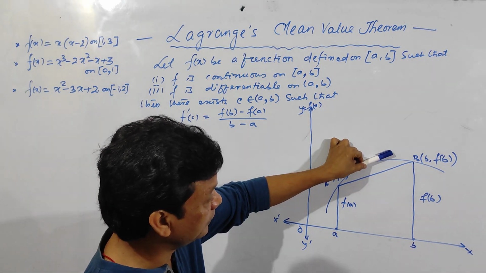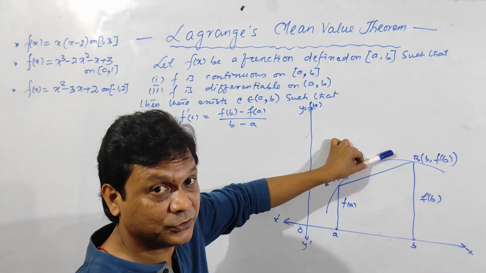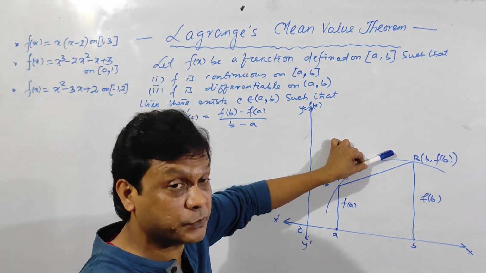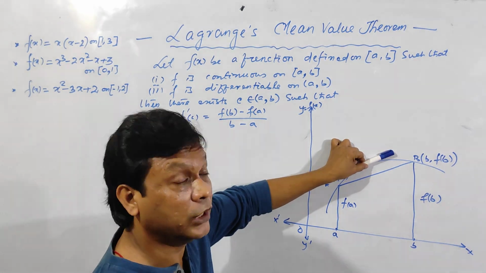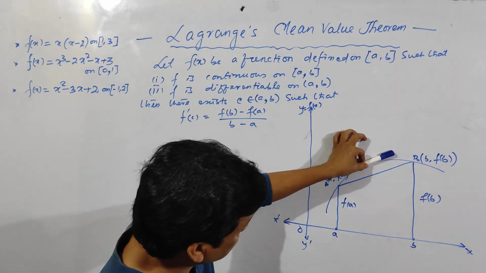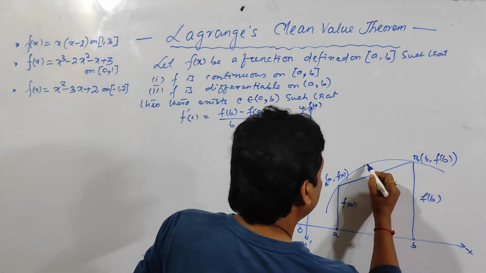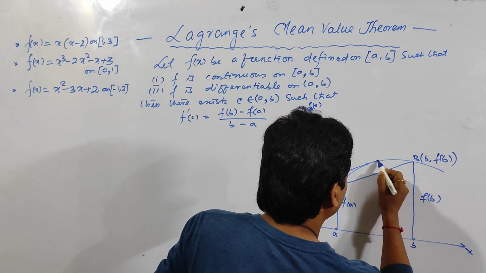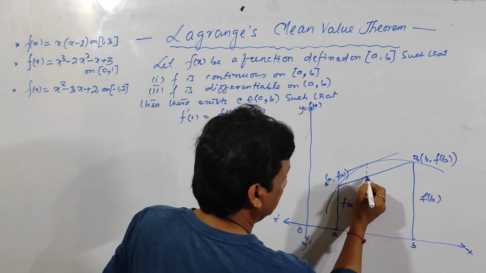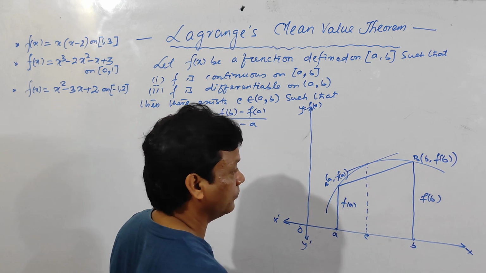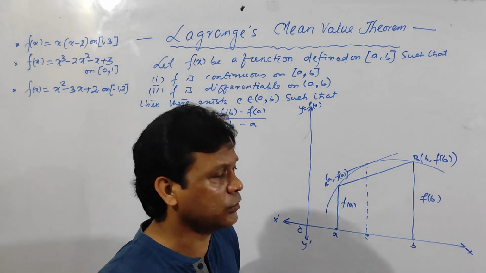While moving, there must be one point. There must be, not may be. There must be one point on the curve where the tangent will be parallel to the chord AB. Here the point is C, and it lies between A and B, such that the tangent is parallel to the chord AB.